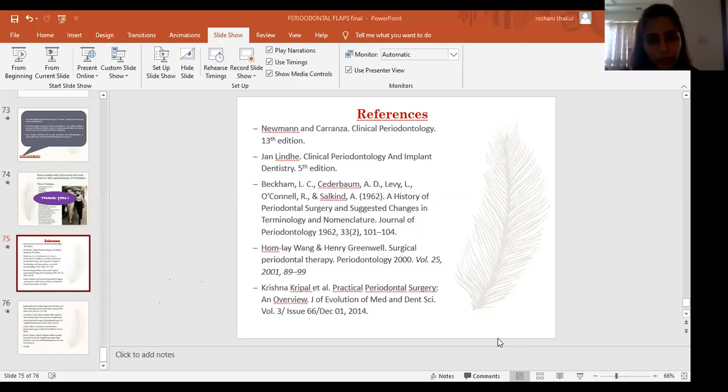With our improved understanding of periodontal disease, it was not only pocket depth but these other criteria which were also important clinical outcomes. That is how from pocket elimination, slowly we moved to pocket depth reduction. Slowly we also considered criteria like CAL gains, less bleeding on probing, and so on.